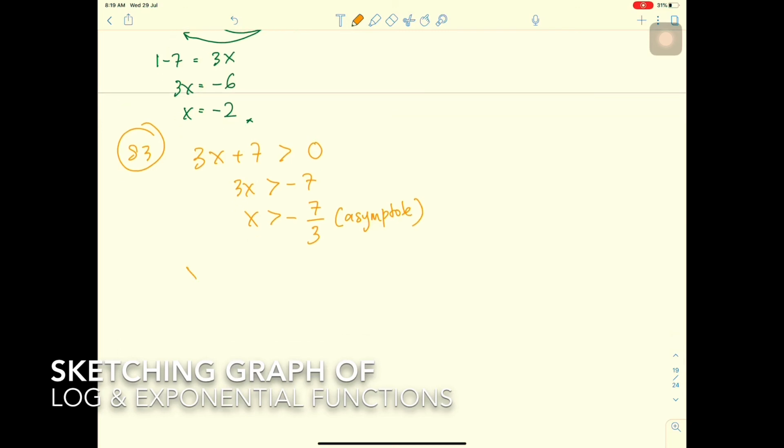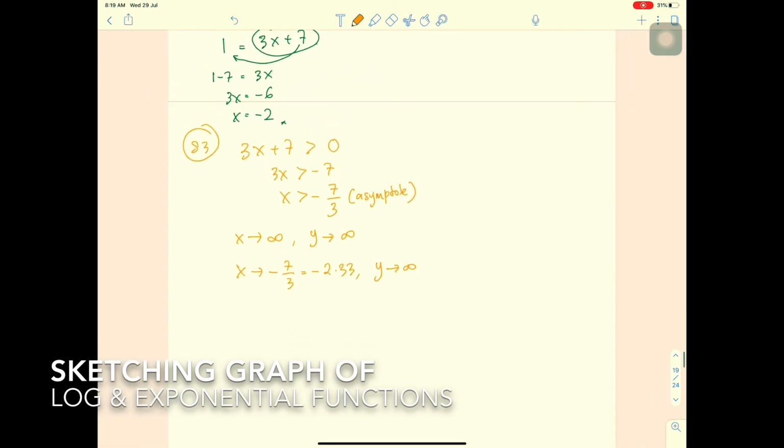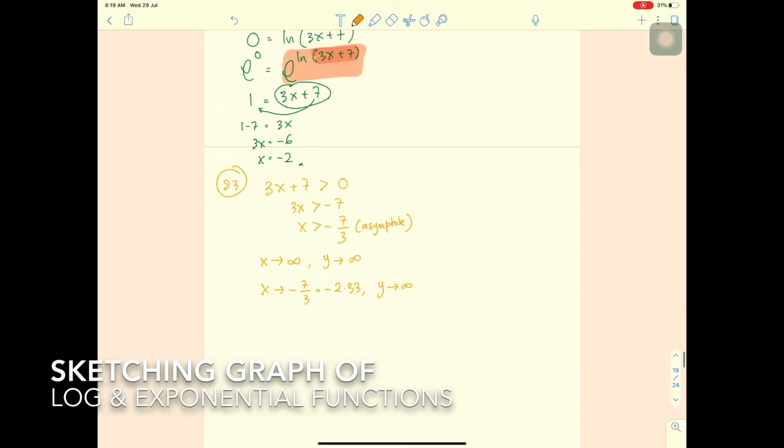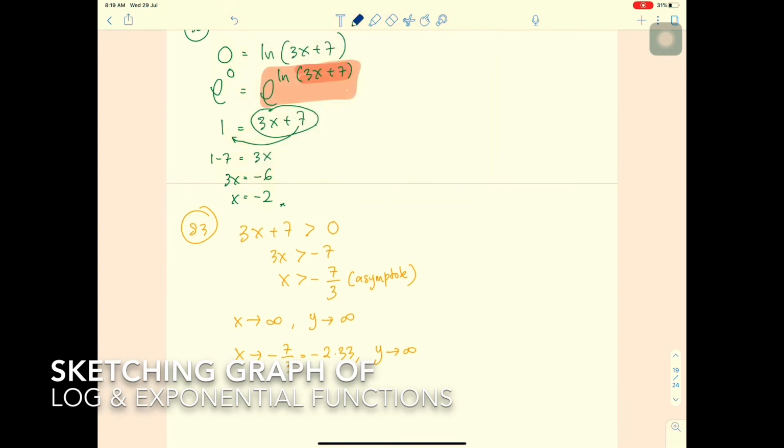And when x approximates to infinity, therefore y approximates to infinity also. When x approximates to negative 7 over 3, which equals negative 2.33, therefore y approximates to infinity. This is step 3, quite different from the exponential graph.